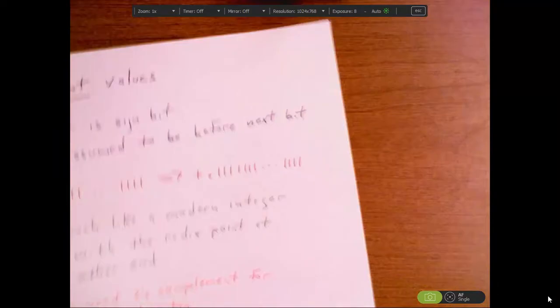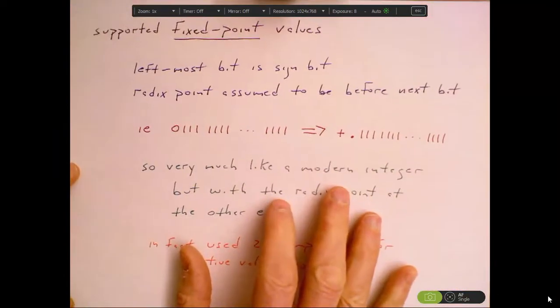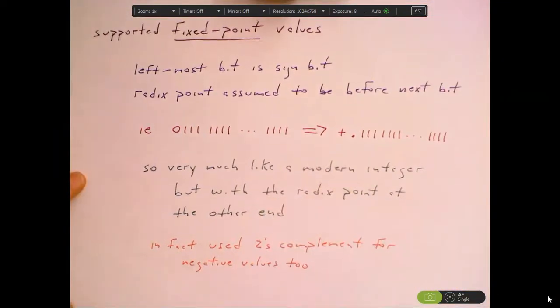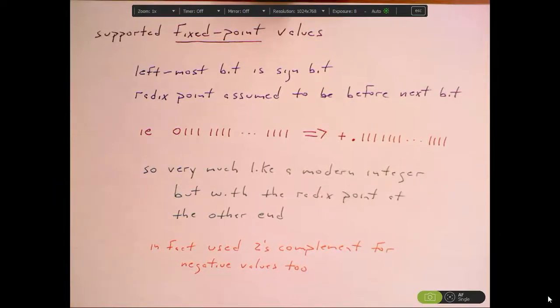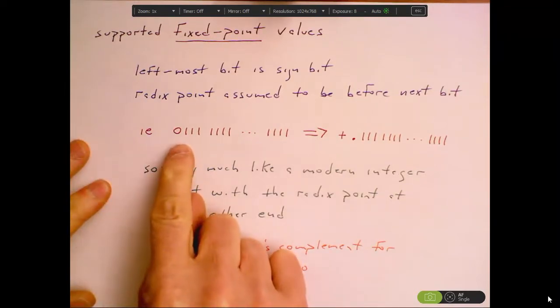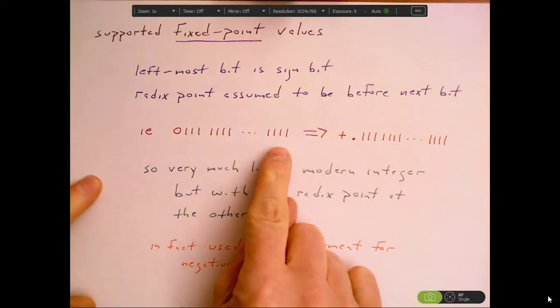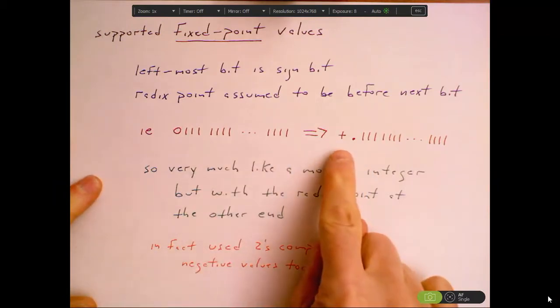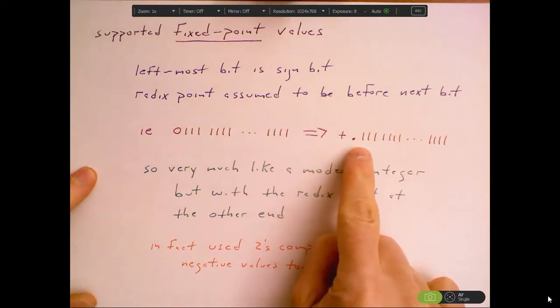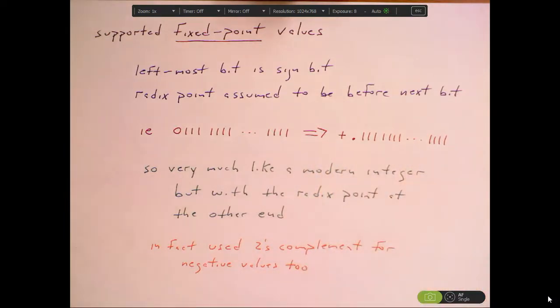The 1946 report describes the 40-bit values as being fixed point. The leftmost bit is a sign bit, but the radix point was assumed to be right before the next bit moving to the right. So a 40-bit value that contained a 0 and a bunch of 1s like this represented in the programmer's mind a positive number with the decimal point here on the left and all these digits stringing out to the right.